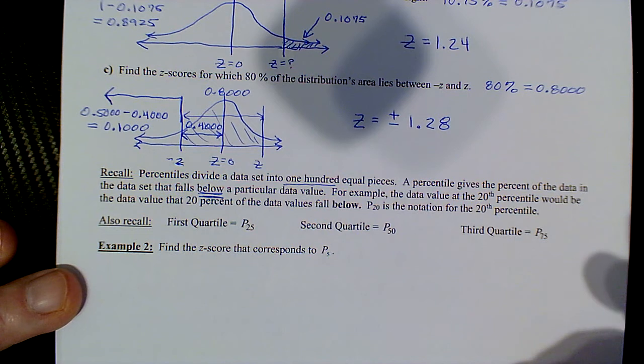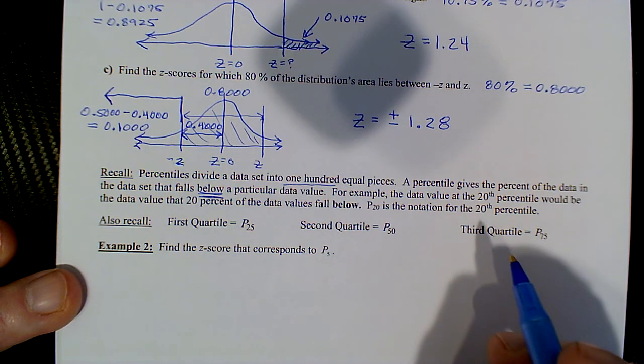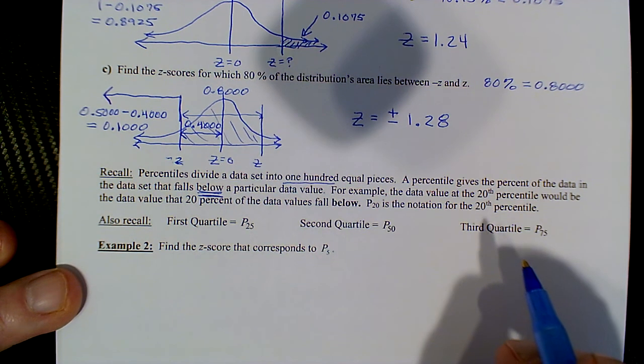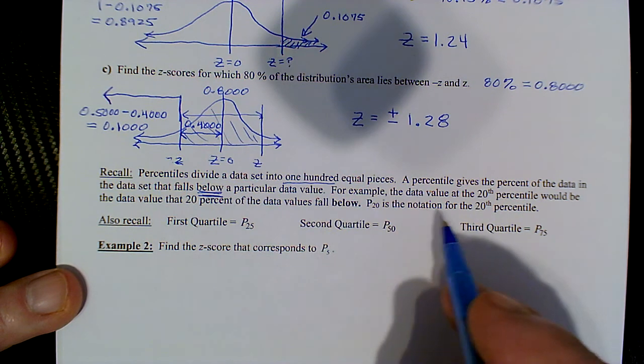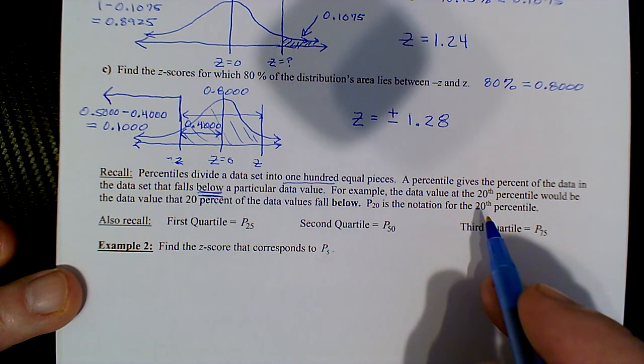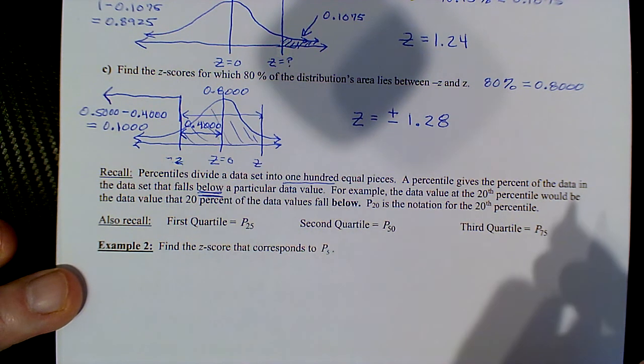You might not want to be in the 90th percentile for weight, right? Or something like that, but you'd rather be in the 90th percentile in your class. But always think of below. And we give a little example. 20th percentile would mean there's 20% of the data below that value.